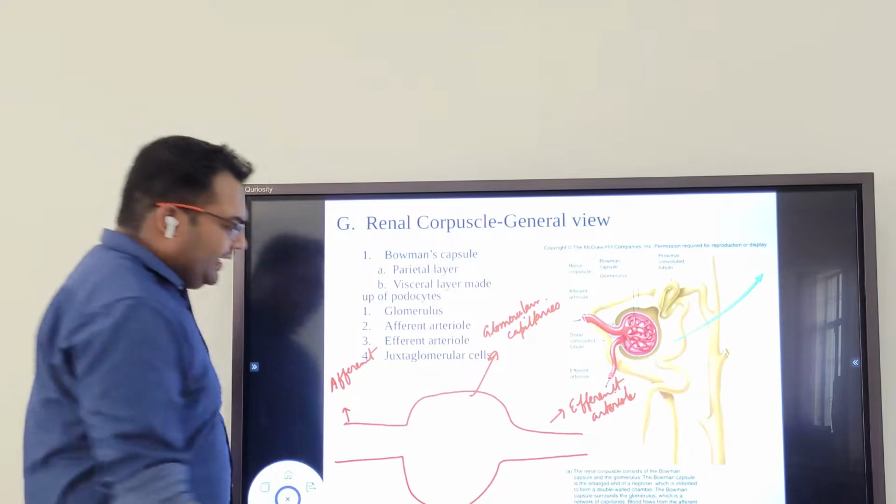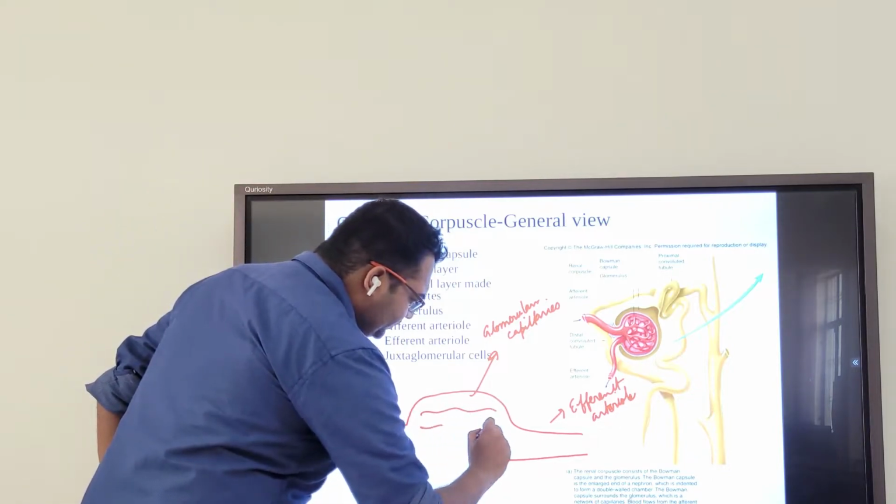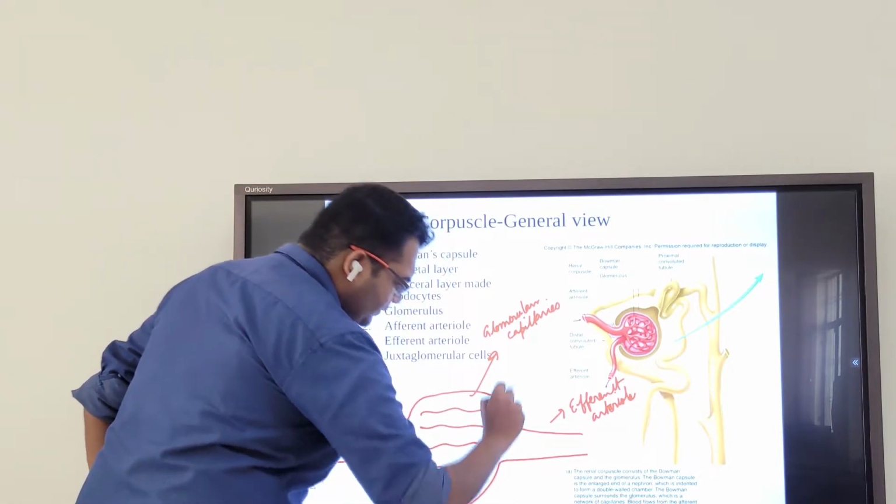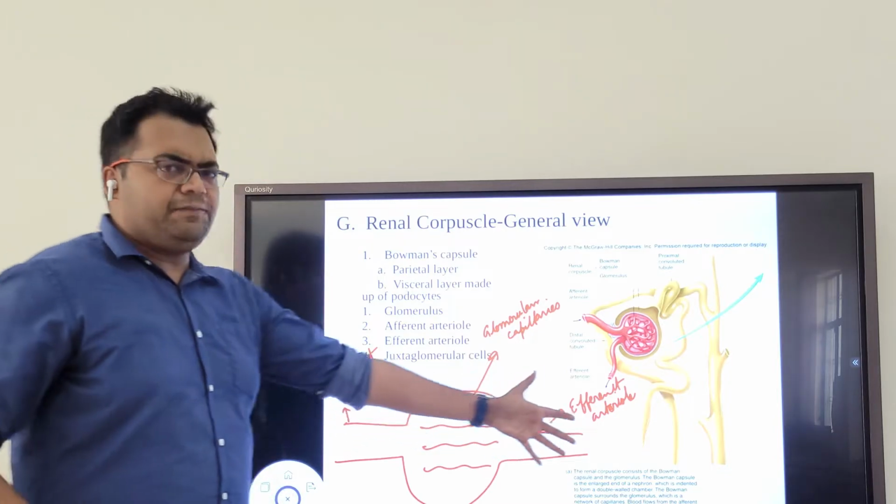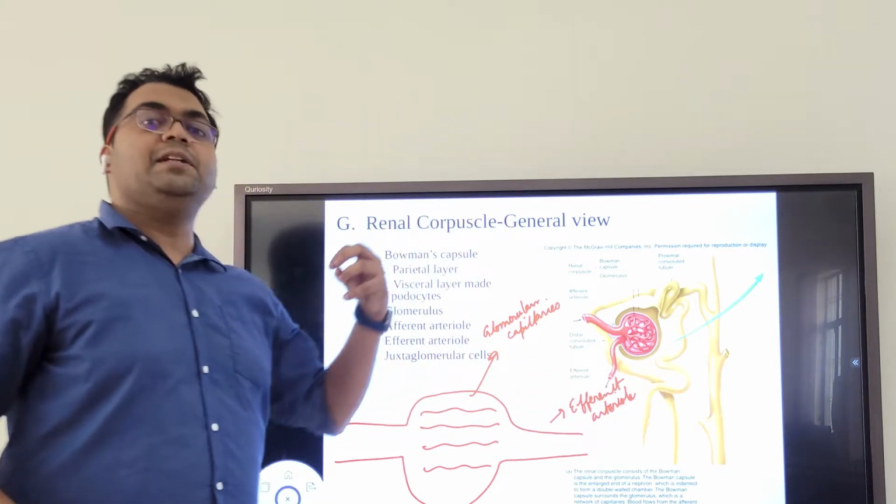Now you might be thinking that because these are the capillaries, all the blood is getting filtered. The concept is absolutely wrong.